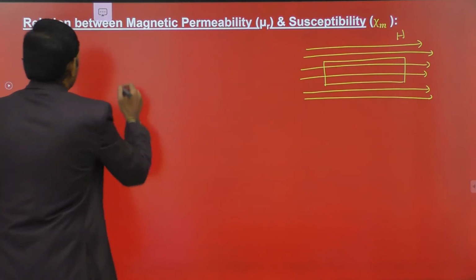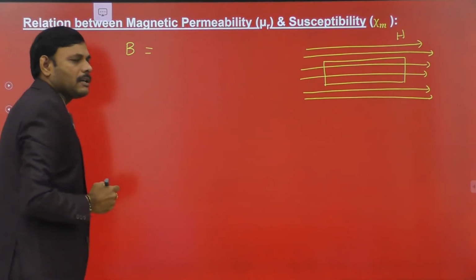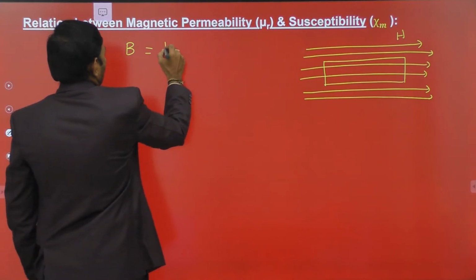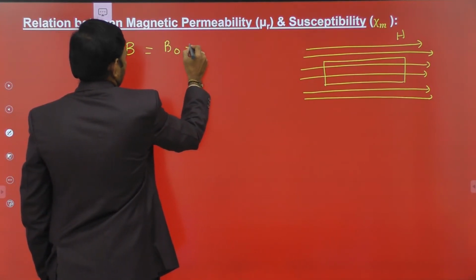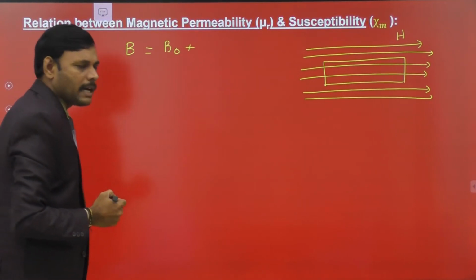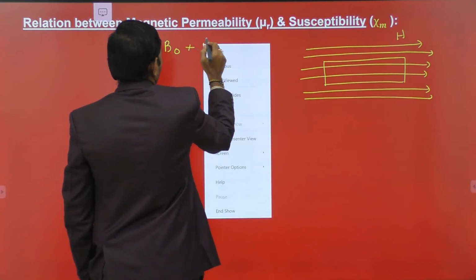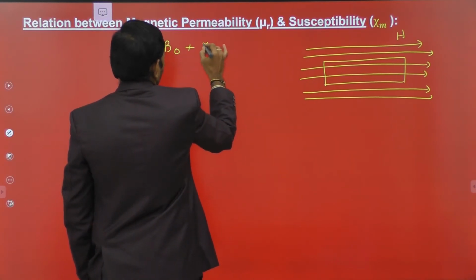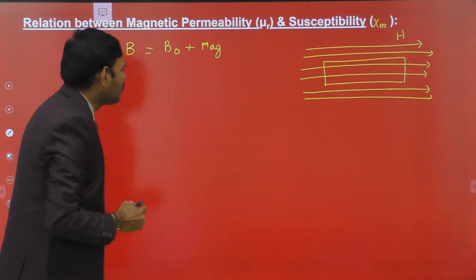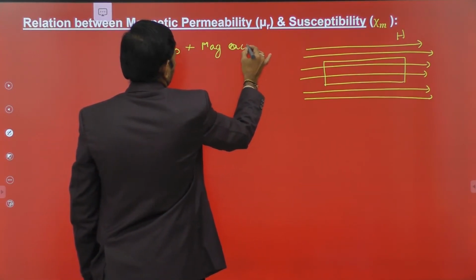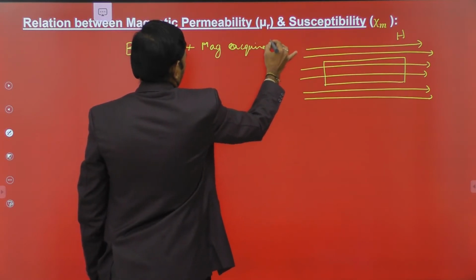Then the magnetic field in the given material is the magnetic field in the free space plus the magnetic field acquired by the medium.